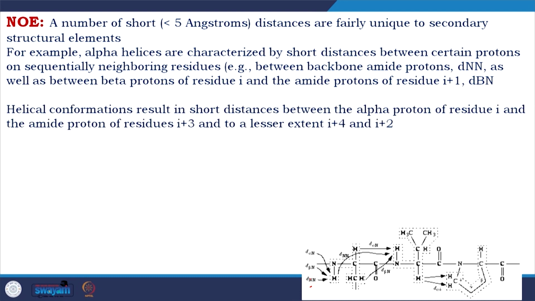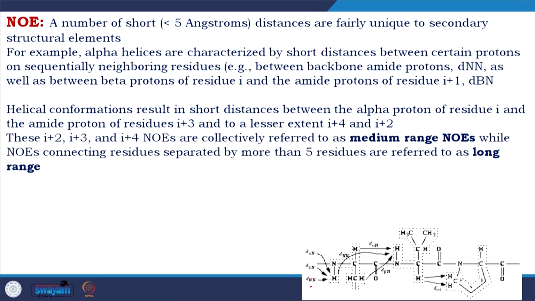Helical conformation results in short distances between the alpha proton of residue i and the amide proton of residue i plus 3, and to a lesser extent i plus 4 and i plus 2. These i plus 2, i plus 3, i plus 4 NOEs are collectively referred to as medium range NOEs, while NOEs connecting residues separated by more than 5 residues are referred to as long range NOEs.